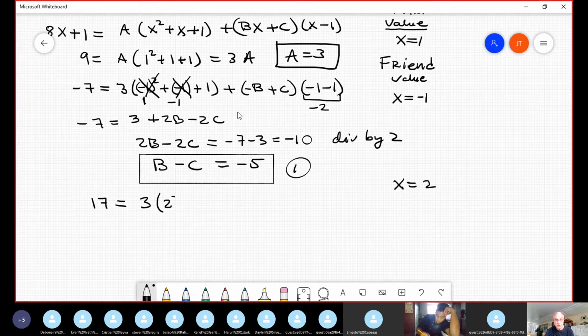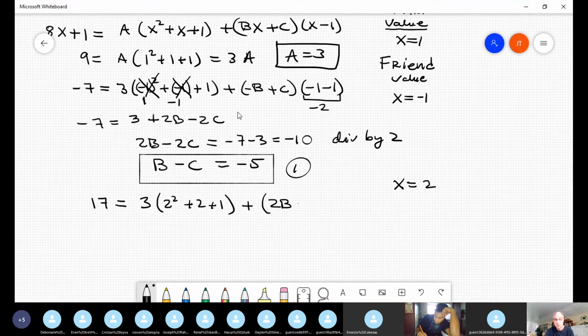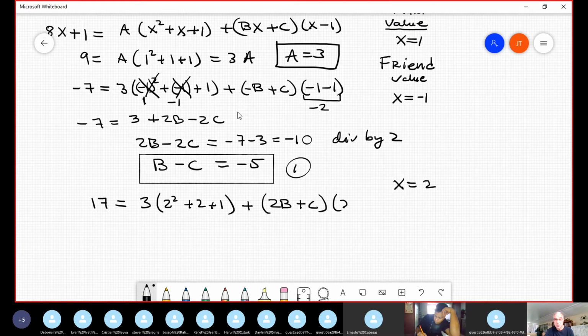Times 2 squared plus 2 plus 1, plus parenthesis 2b, because x is 2, plus c, and 2 minus 1 is 1. 17 is equal to 3 times 7, which is 21, plus 1 times something is something.